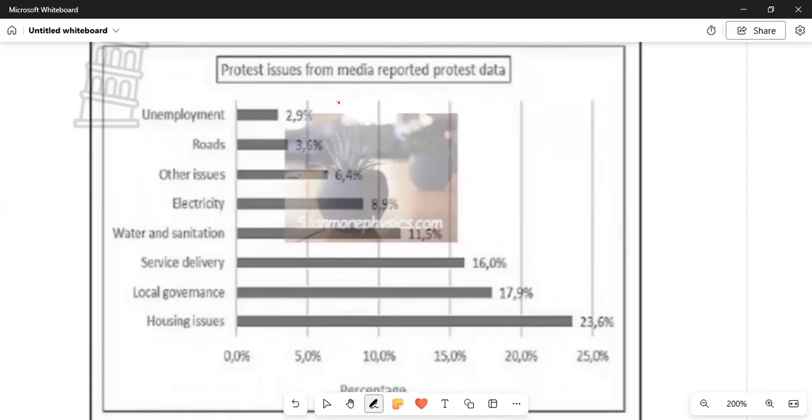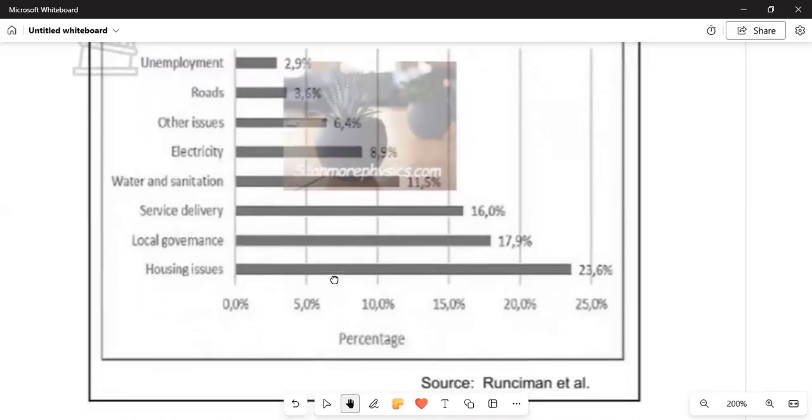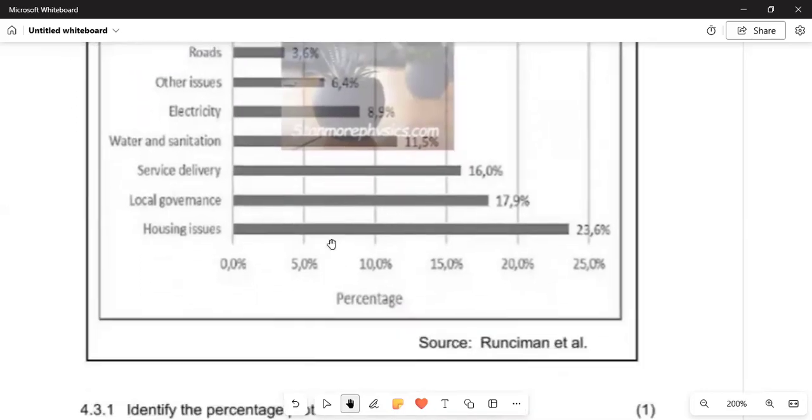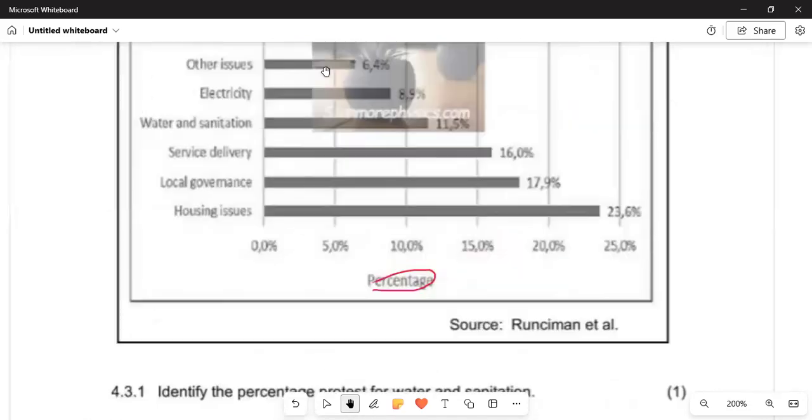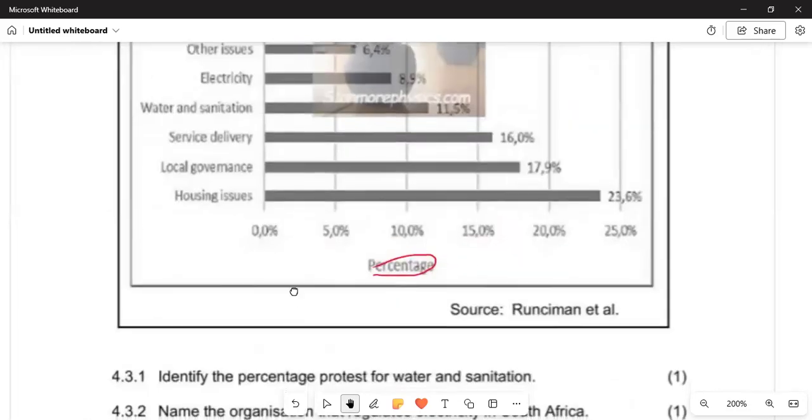We can see we have unemployment, 2.9%, roads, 3.6, other issues, 6.4, electricity, 8.9, and etc. Here on the horizontal we have 0%. These are the percentages. So now let us move on to the questions quickly.